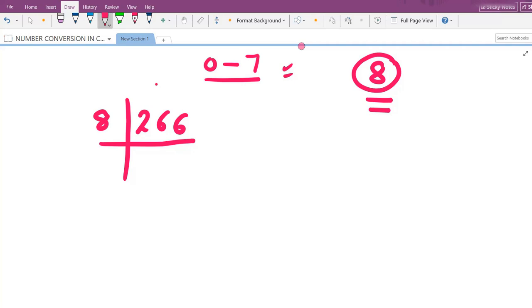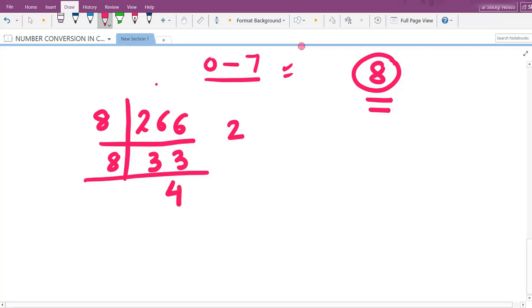First of all it is 26. 8 threes are 24, and again 8 threes are 24. Now how much remainder is there? It is 2. Next step, 8 fours are 32. Then the remainder is 1.